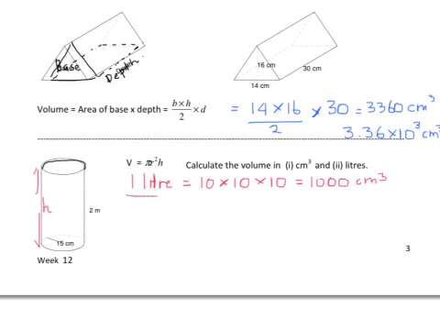So 1 litre is equal to 1,000 centimetres cubed. Let's just remember that. Now we'll go ahead and find the volume of this shape.